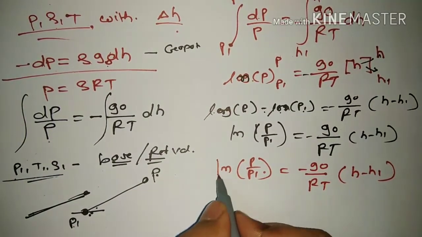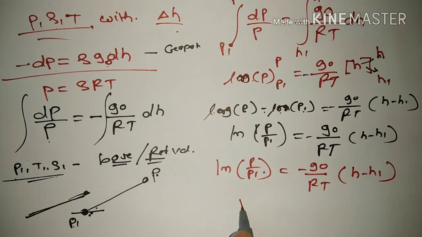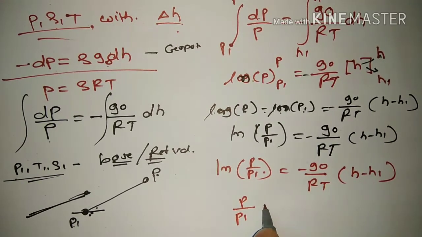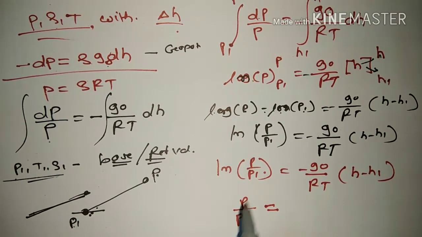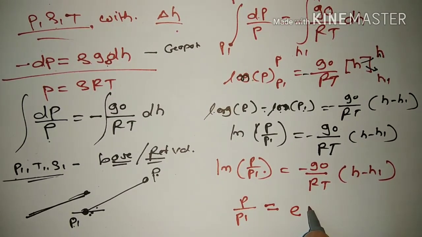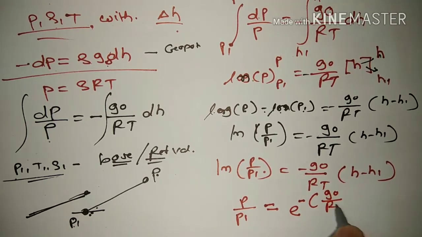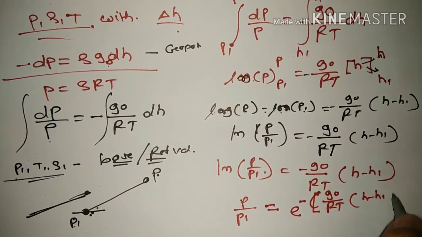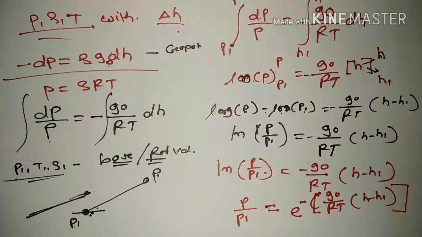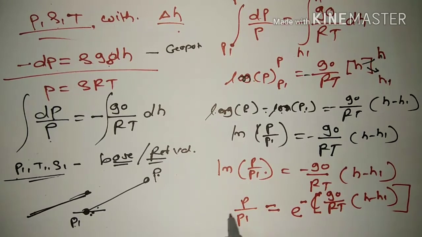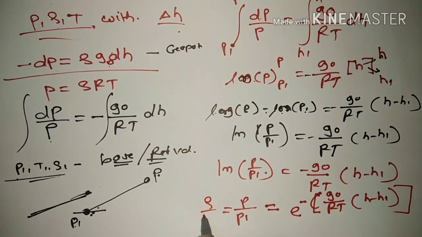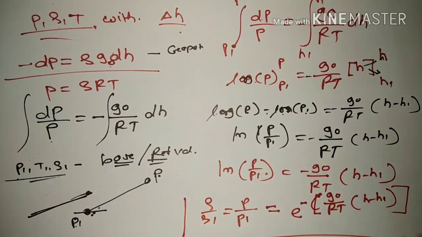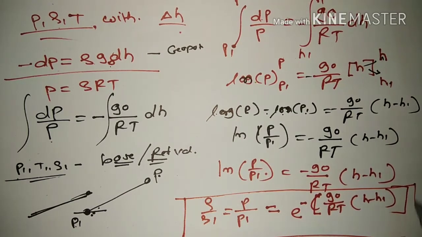So taking the ln to this side, p by p1 is equal to e raised to minus g0 by RT times (h minus h1). This will be the equation, and it is also the same for rho by rho 1. This is so important.